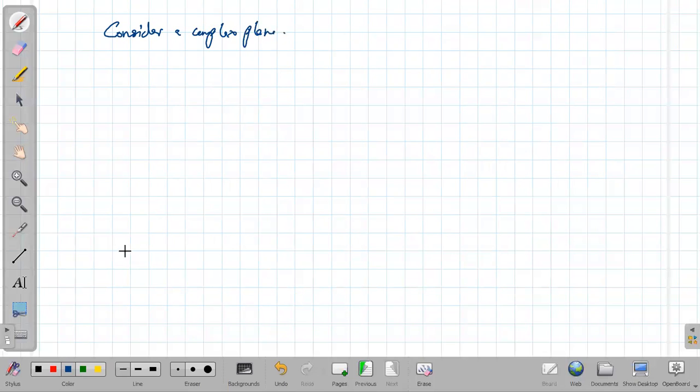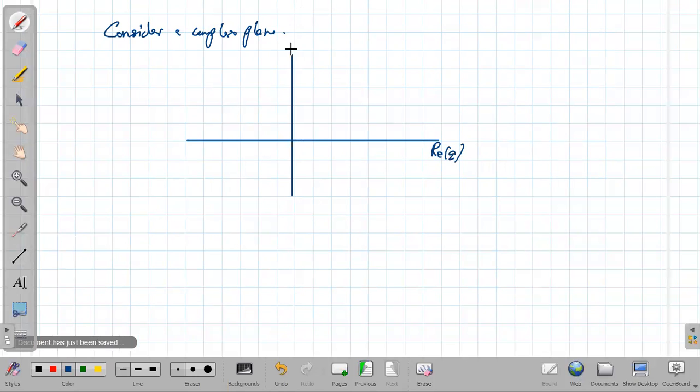There will be a real Q as well as an imaginary Q: real part of Q and imaginary part of Q.